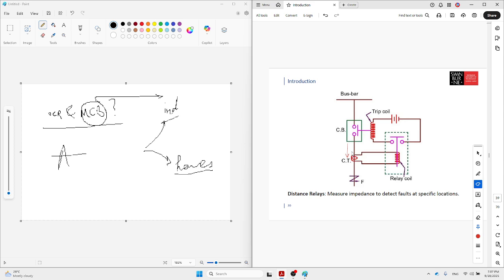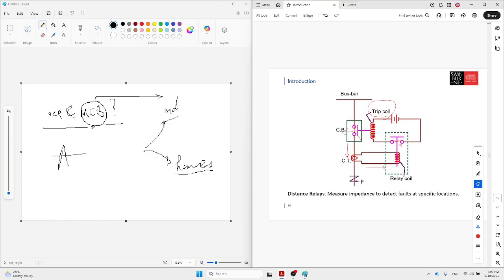Then, if the fault current increases, the current here increases, and this coil becomes fully energized and absorbs this contact going down. These two contacts touch each other, and then the other contact, the trip coil, will energize the circuit breaker, and the circuit breaker will open or close the circuit.